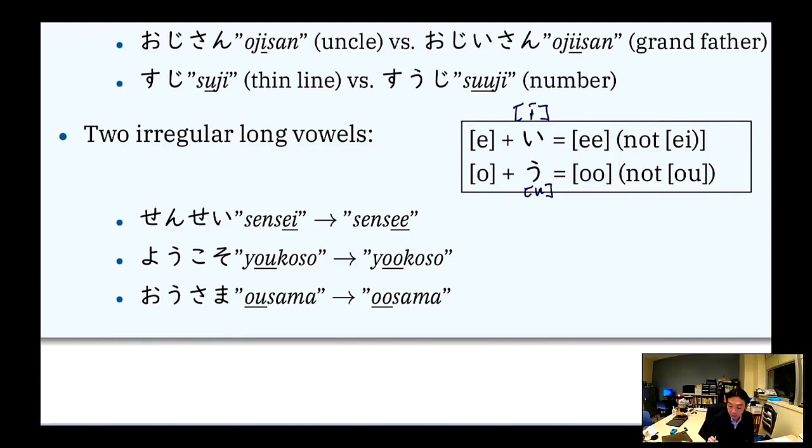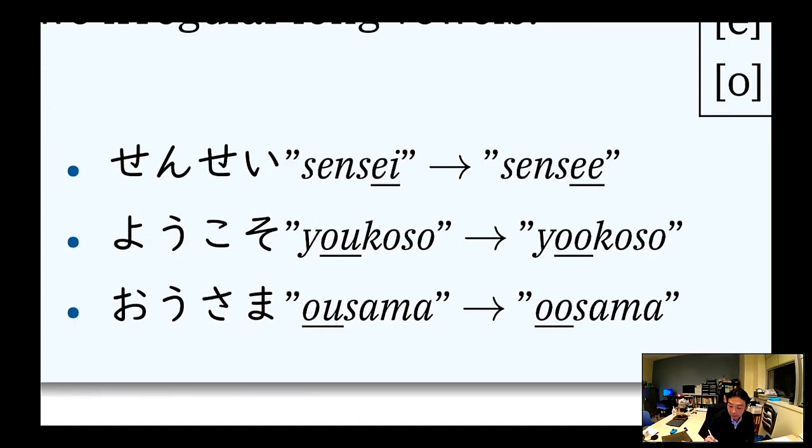The example here is this. This one is se, i. Here you see the sequence E and I, which Japanese don't like.